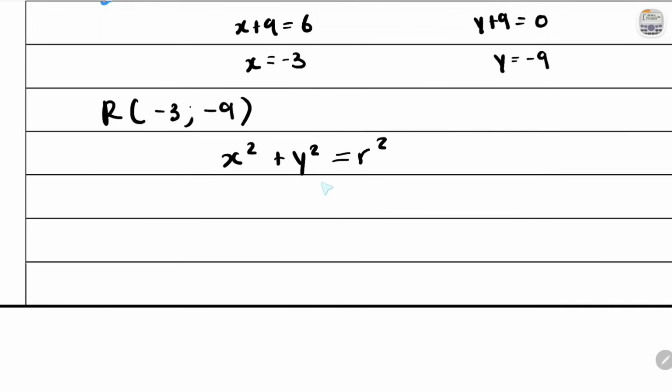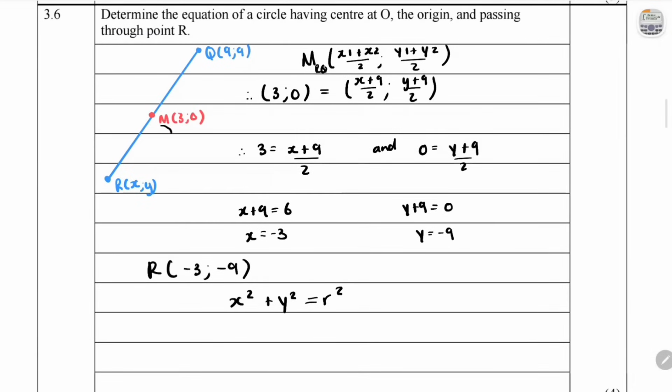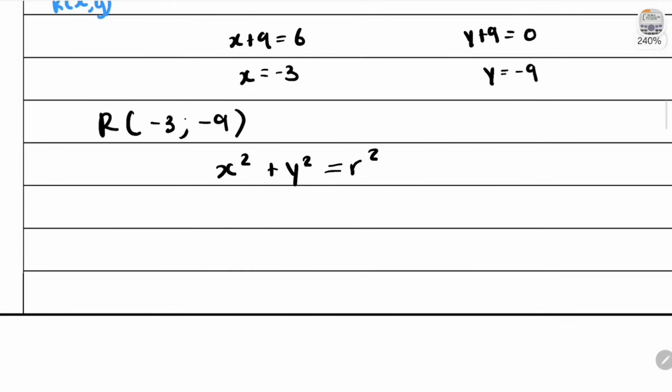So this equation is almost complete. All we need is that radius. You can choose to find r squared however you want, whether you use the distance formula from the center of the circle, the origin, to R, or you just substitute it here. It's easier to do it like this. So this is our x and that's our y value, and we'll substitute it into this equation. So negative 3 all squared plus negative 9 all squared is equal to r squared.